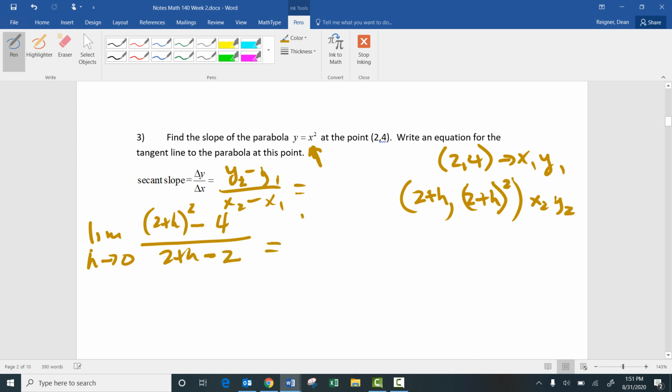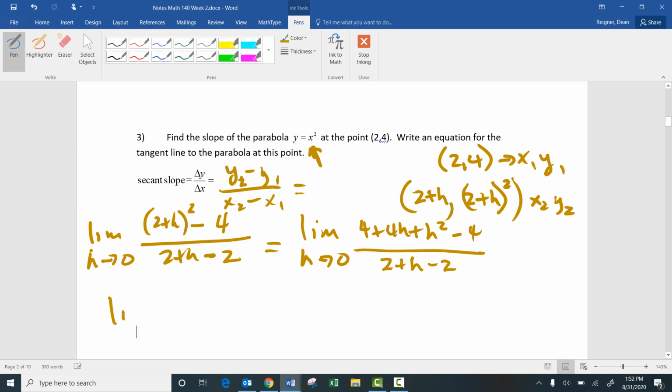Now this distance is going to approach 0. So now all you do is multiply everything out. This is 4 plus 4h plus h squared minus 4, over 2 plus h minus 2.